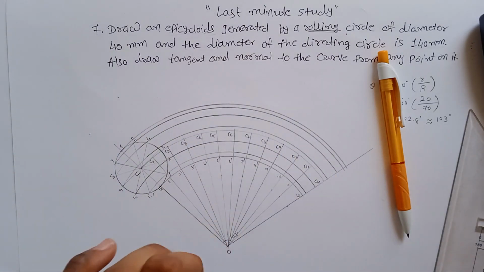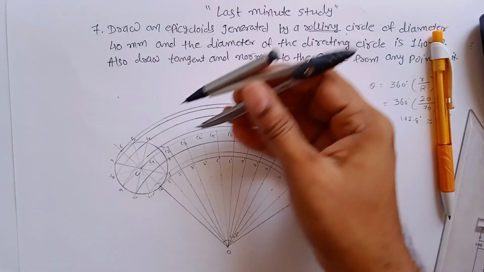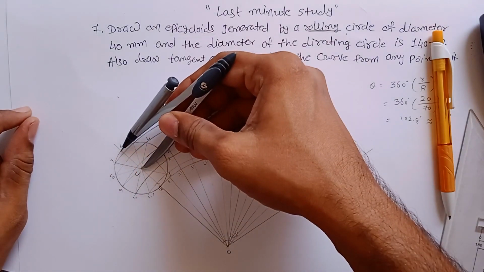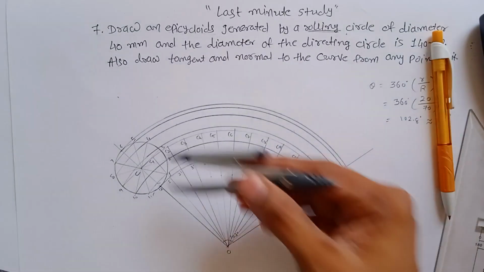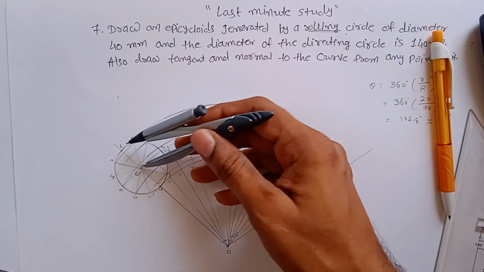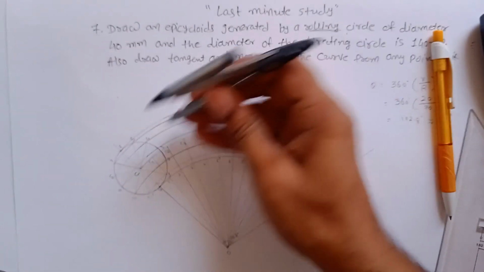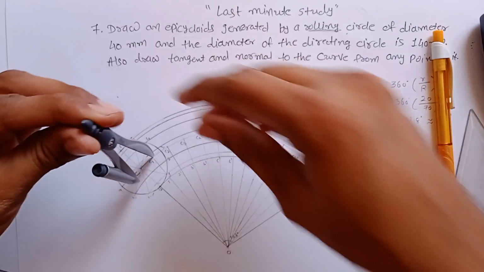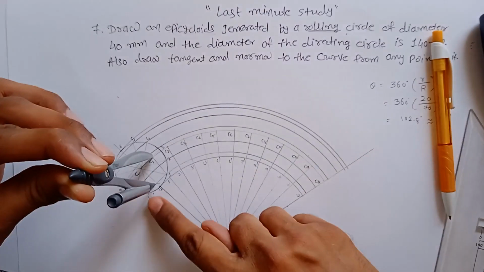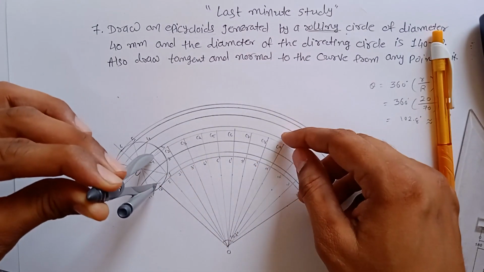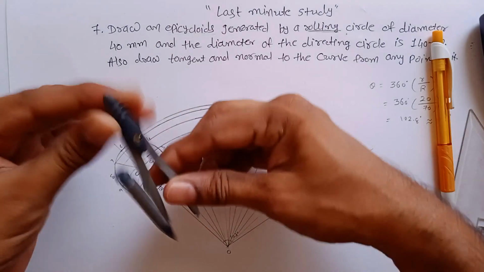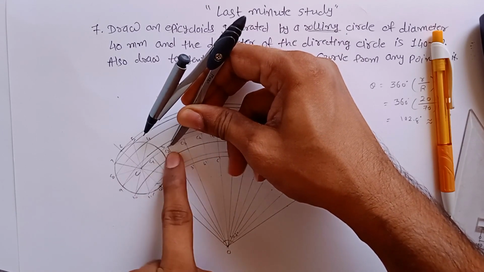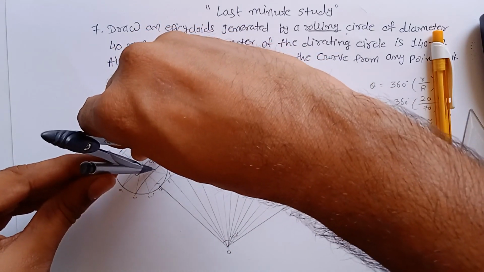Now take the small circle radius, which is 20 mm, since our circle is 40 mm diameter. Put your pointer on C1 and make an arc on the arc which is passing through 11 and 1, like this. Same way, put the pointer on C2 and make an arc on the arc which is passing through 10 and 2.